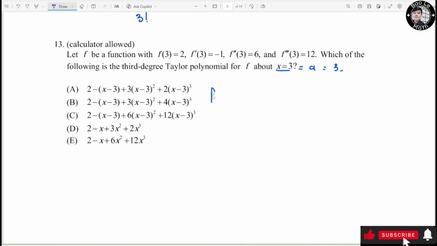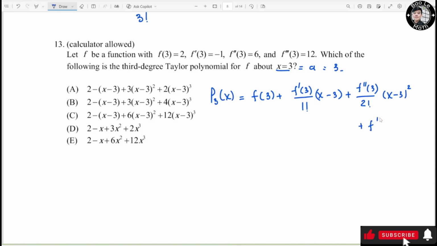So we have P3 of s equals f of 3 plus f prime of 3 over 1 factorial times s minus 3, right? Plus f double prime of 3 over 2 factorial times s minus 3 squared plus f triple prime of 3 over 3 factorial times s minus 3 cubed, right?